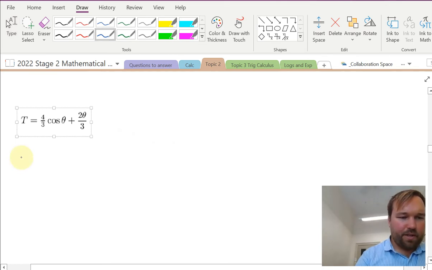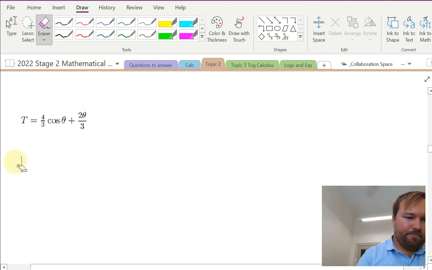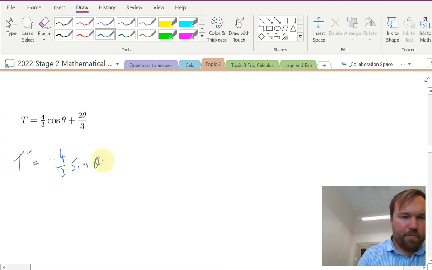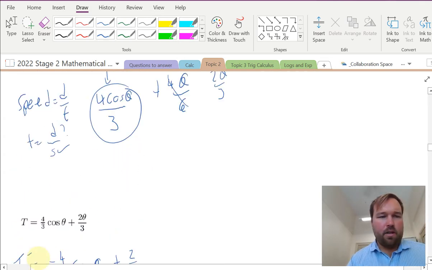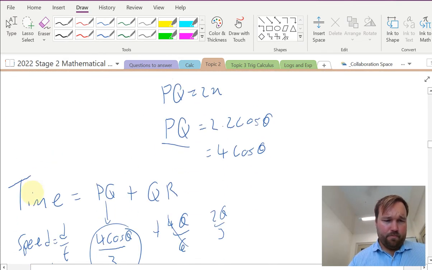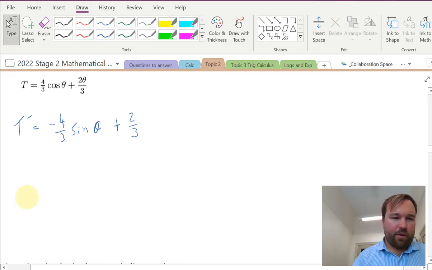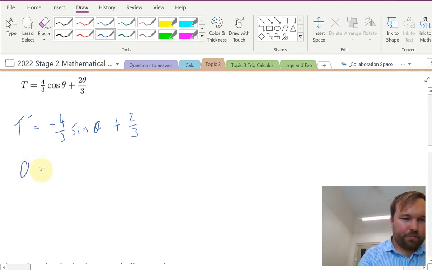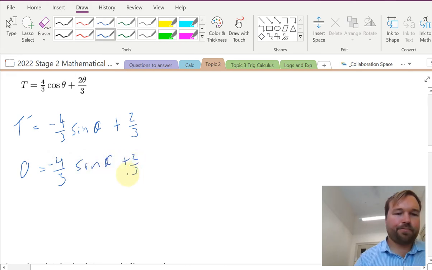So, d theta dash is minus 4 on 3 sine theta plus 2 on 3. And what do I want? I want to set it equal to 0. 0 equals minus 4 on 3 sine theta plus 2 on 3.